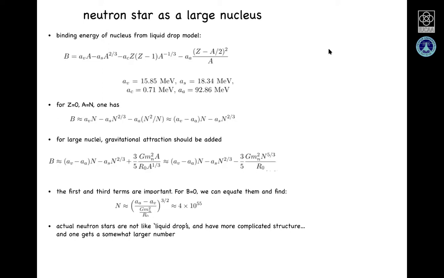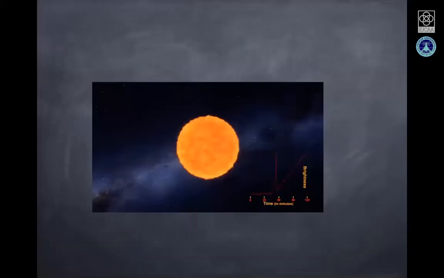In fact, I had thought of teaching the whole nuclear physics in the undergraduate section by giving examples from astrophysics. Because nuclear physics is so important for astrophysics, you can actually inspire them by giving examples. Anyway, let's go back.